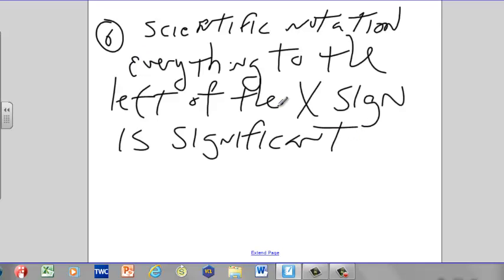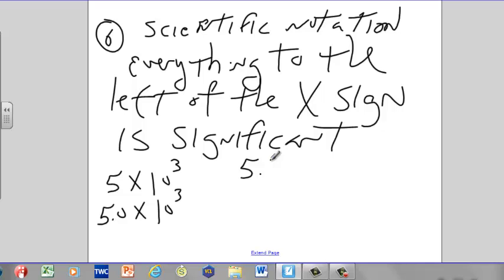So if we go back to that 5,000 again, if I want it to be 1 significant figure, I say 5 times 10 to the third. If I want it to be 2 significant figures, I say 5.0 times 10 to the third. If I want it to be 3 significant figures, I say 5.00 times 10 to the third.